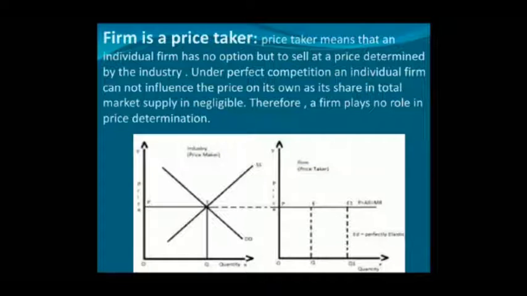In this diagram, the price OP is adopted by the price taker firm, and firm is free to sell any quantity OQ or OQ1 or any quantity at this price. This makes the AR curve perfectly elastic and thus parallel to x-axis. According to AR and MR relationship, when AR is constant, MR is equal to AR. So AR curve is also the MR curve of the firm.